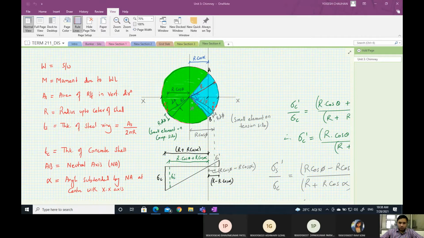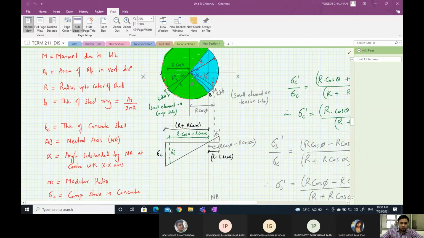Similarly, we also consider a small element r d phi at an angle phi with the x-axis. The small element on the compression side is integrated to get the total compressive force. Similarly, the small element r d phi on the tension face will again be integrated to find the total tension on the shell.